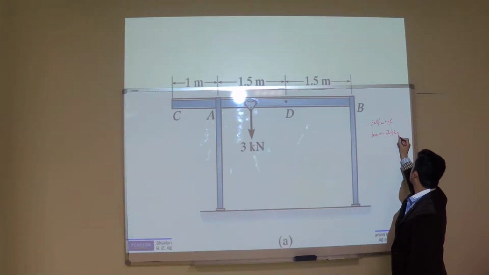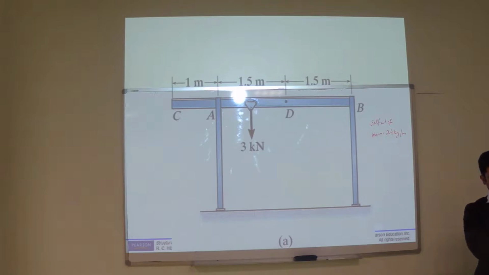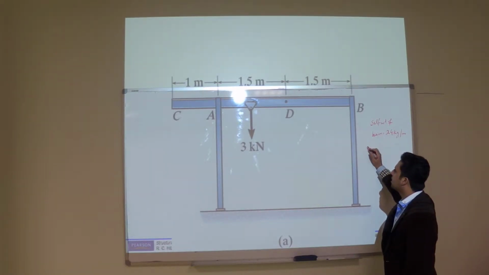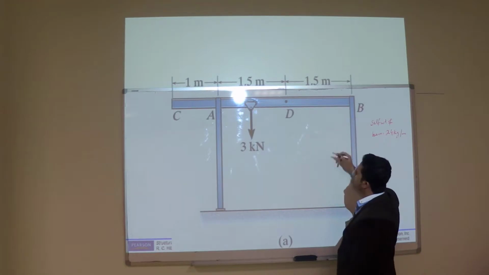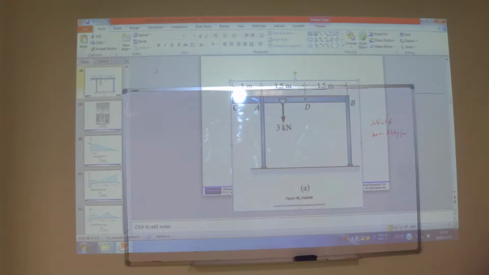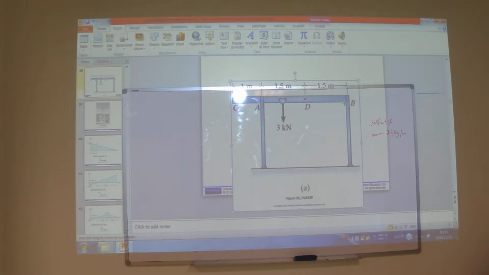Okay, so one information, the self-weight of this beam is 24 kg per meter. Is it correct? Yeah. Number two, A is pin and B is roller. So what we can do, I'm just going to eliminate this part.